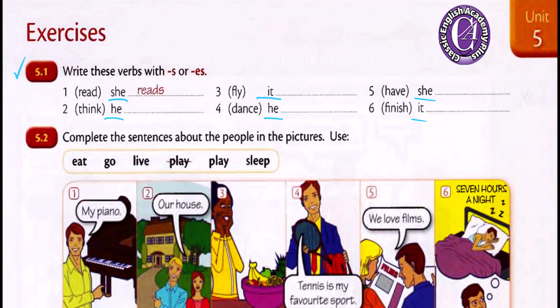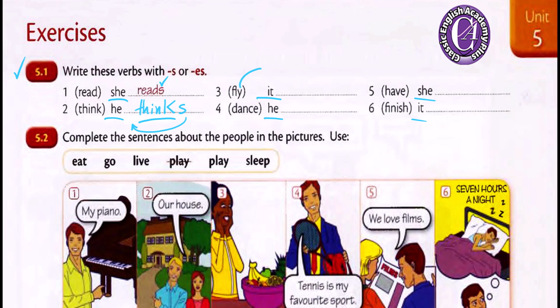For instance, when we have she, it means we need to add s to make the conjugating perfect. He thinks. They think is the root of the verb, and when we add s, we are conjugating it. This s shows that it is for a singular or single subject.